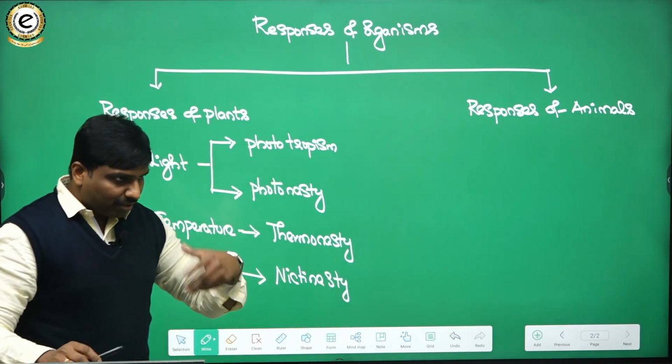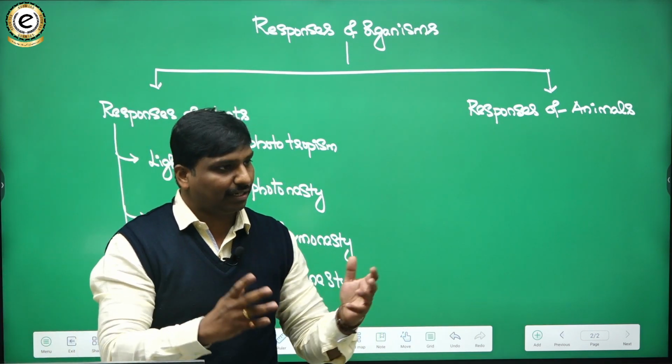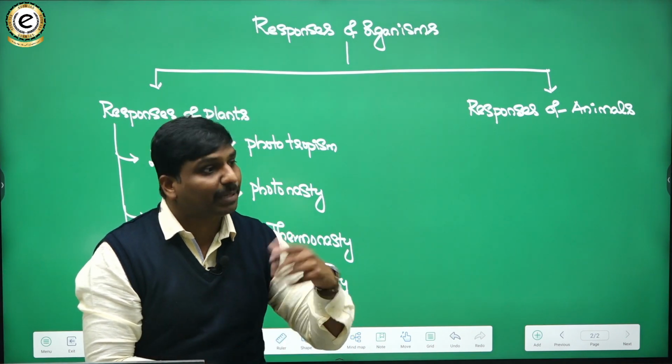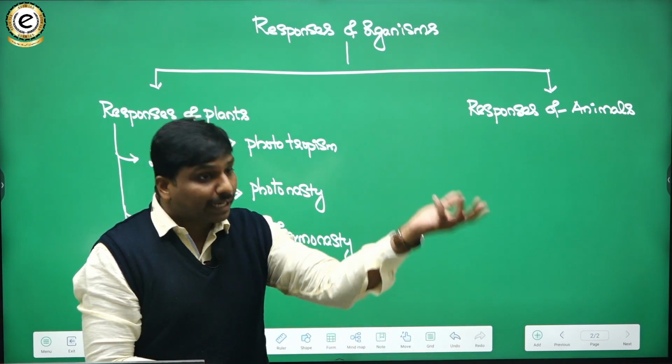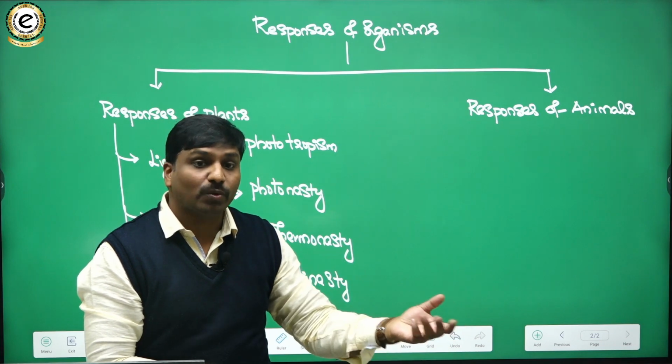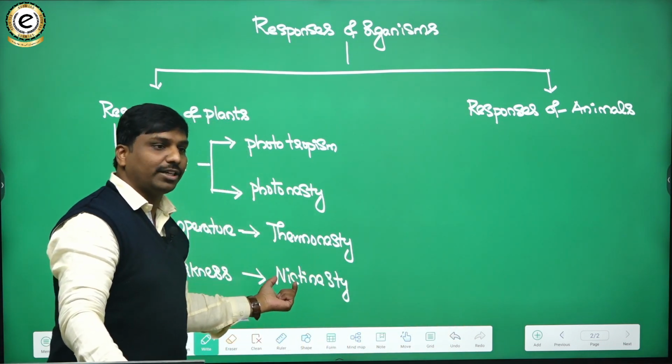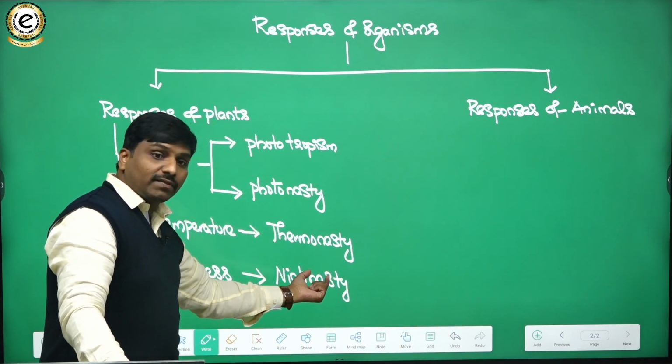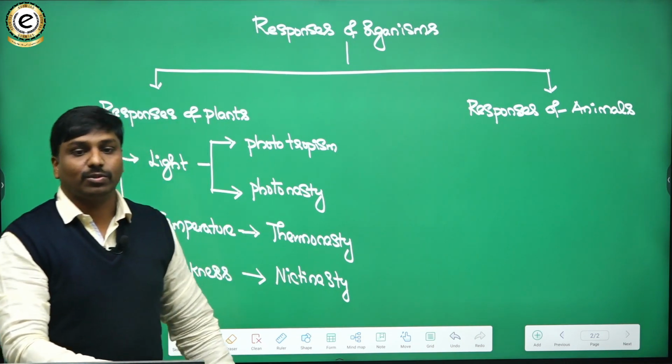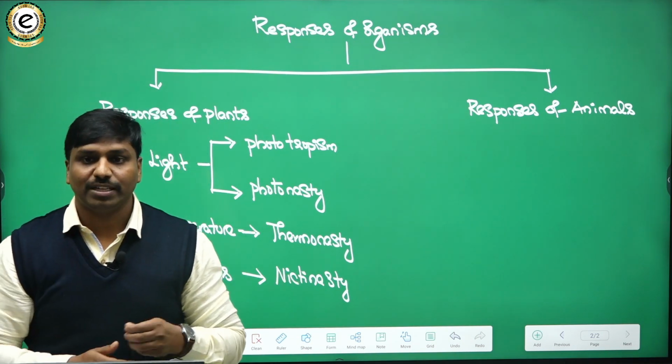Nicti means night time. Have you heard of the word nocturnal? Nocturnal means those organisms which are active during night time. In a similar fashion, nicti means night. So the response of plants to darkness is nictinasty.